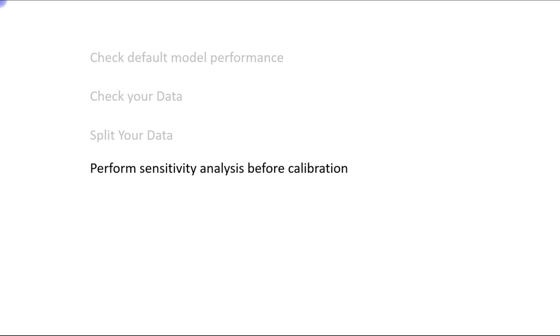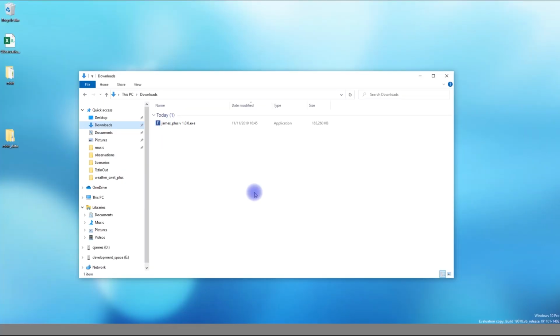In this video, we are going to use Ipeat Plus to do the calibration. But now, Ipeat Plus has been bundled in a tool named Gems Plus, which also includes sensitivity analysis and some evaluation. You can download Gems Plus version 1.0 from the link in the description. For me, I have already downloaded it, so I'm going to install it now.